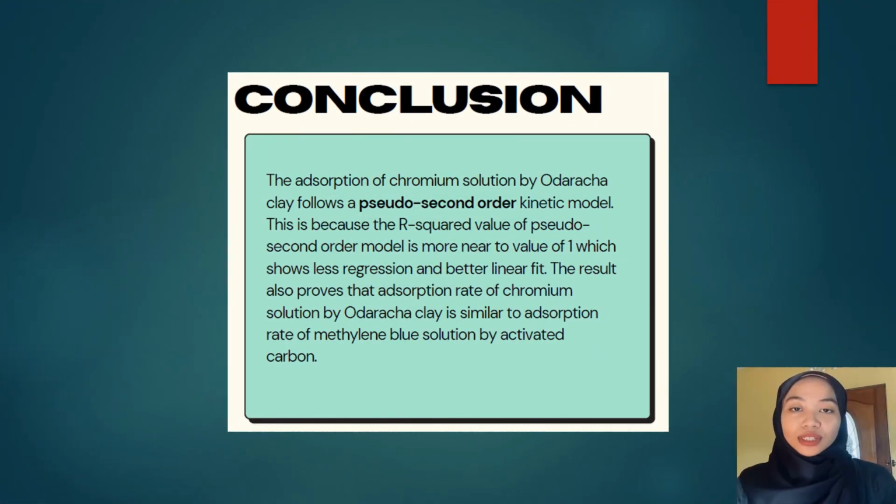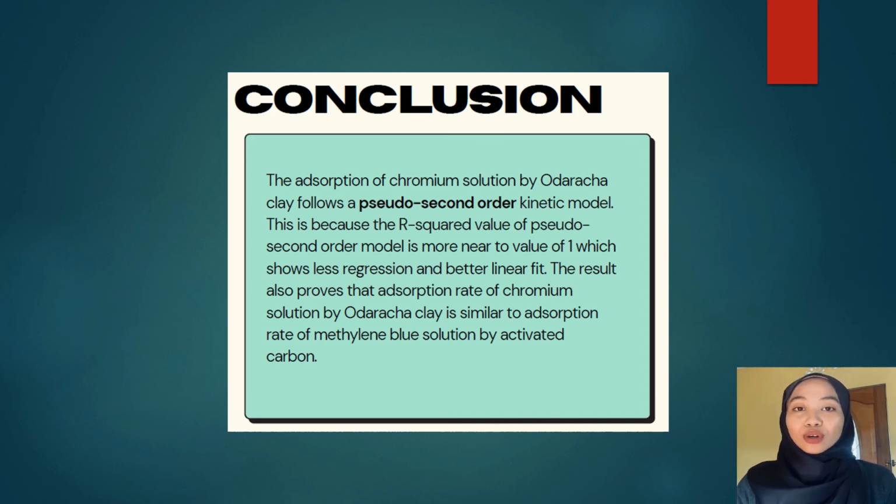As the conclusion, from the experiment of adsorption of chromium from wastewater using Odaracha clay as the adsorbent, it can be concluded that we achieved the objective of our experiment, which is to study the effects of initial concentration, adsorbent dose and contact time on the adsorption efficiency.